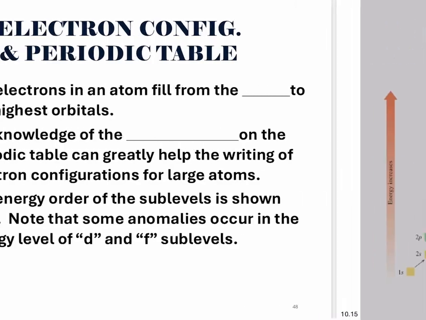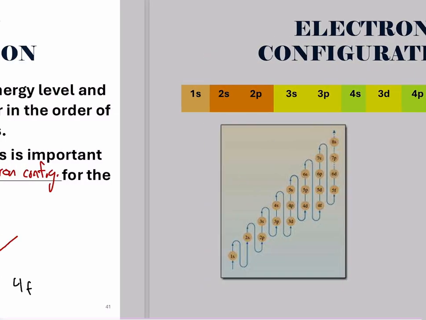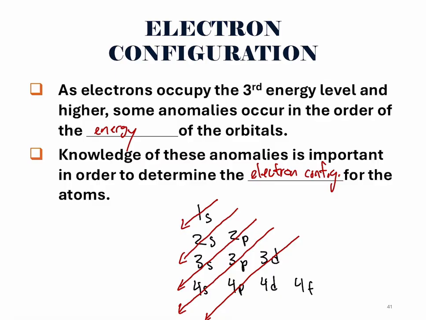I said the one thing that would be good to look at would just be to understand or memorize this, up to 4, and you could even figure it out for f if you had to. You would just write 5s and then the 6th energy level, and then just draw the arrows, and it would fall out of that naturally.